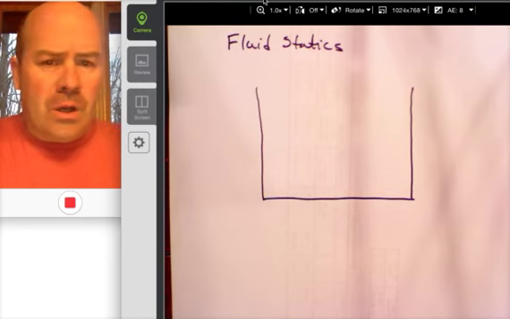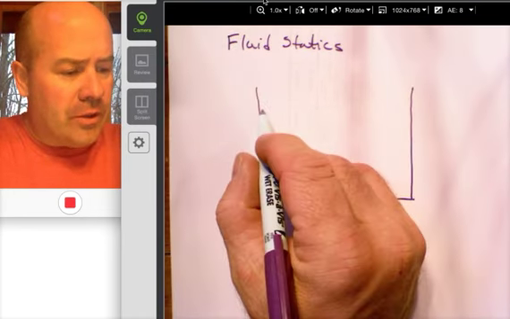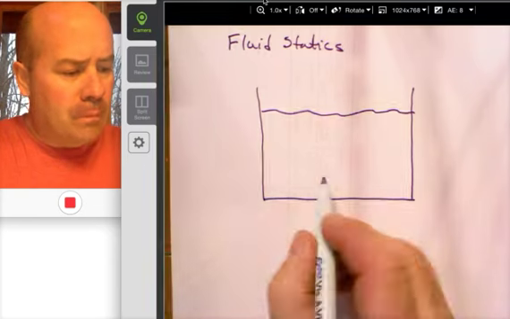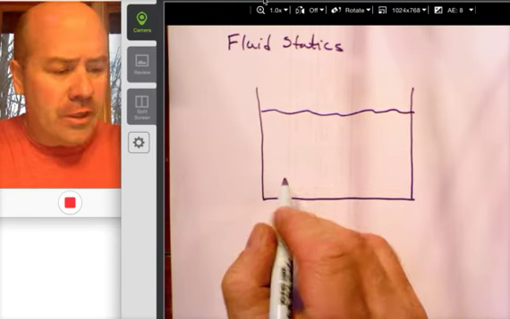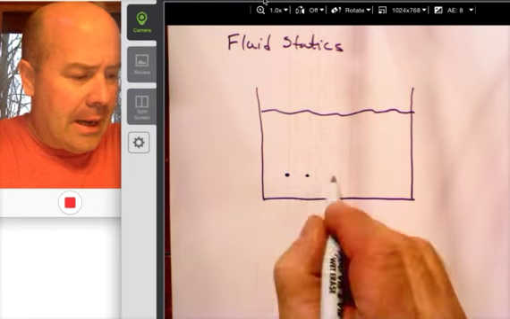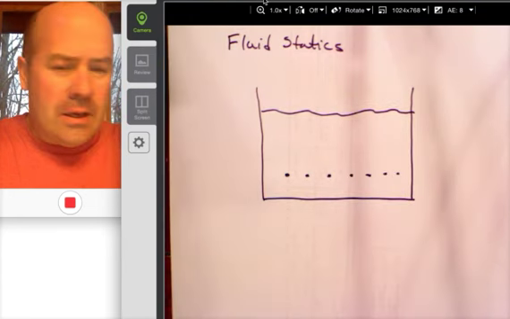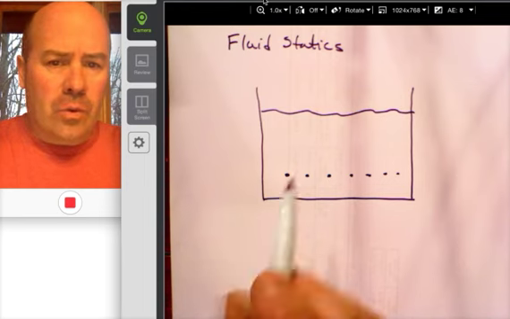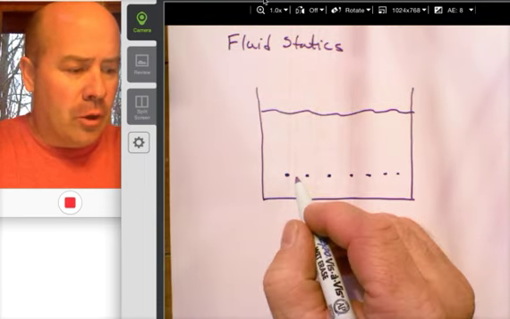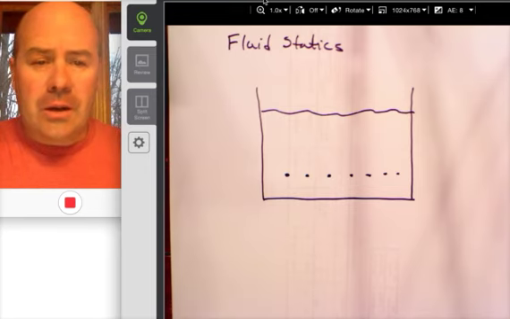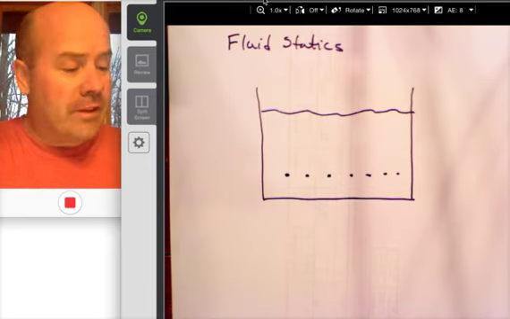But what it comes down to is that if you have a fluid, the first important thing to know is that the pressure at any depth is the same. So if you're 10 feet below, it doesn't matter where you are 10 feet below, the pressure is going to be the same, whatever it is, 10 feet below.